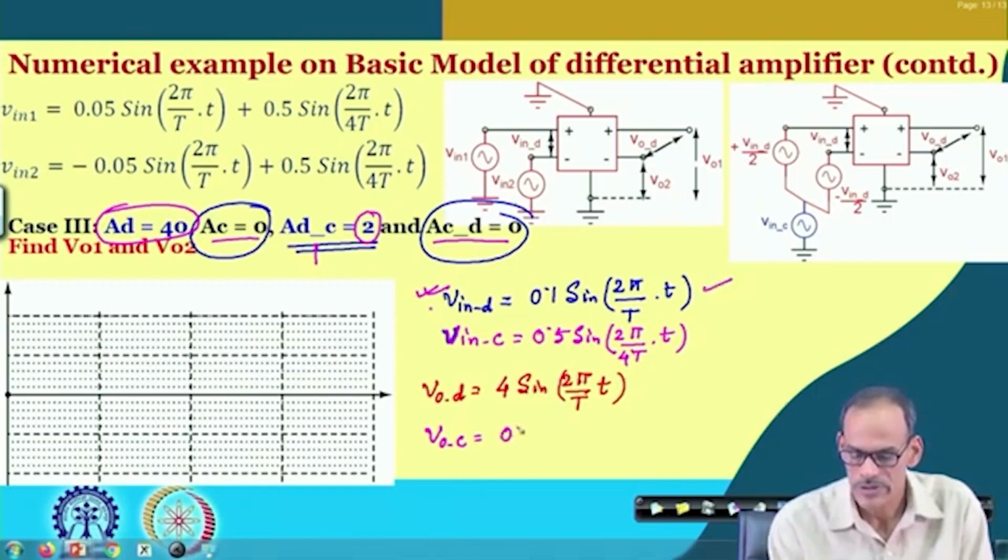So, that means this is 0.2 sin 2 pi by t into small t.